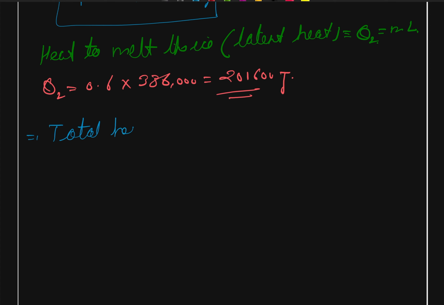So therefore total heat required to melt the ice, let us suppose that is Q, will be equal to Q1 plus Q2.